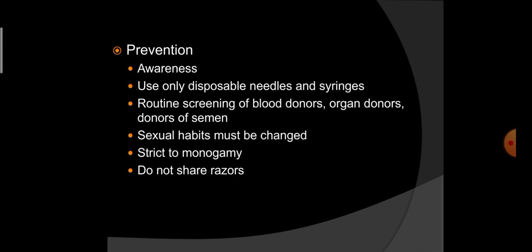Sexual habits should be changed, strictly to monogamy, meaning a single partner. Do not share razors. These are the basic preventions so that a person is not contaminated or easily affected by this disorder. That was about AIDS, and I hope this immunity part is clear.